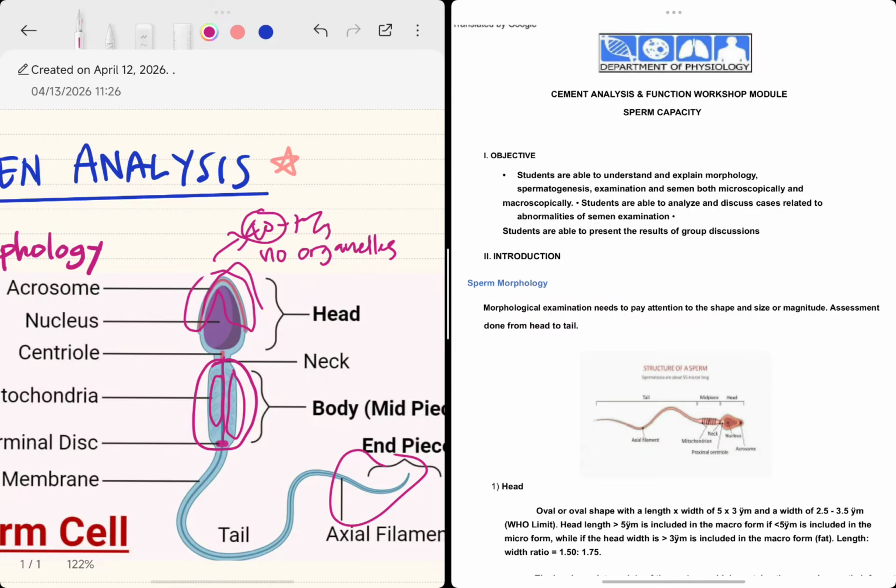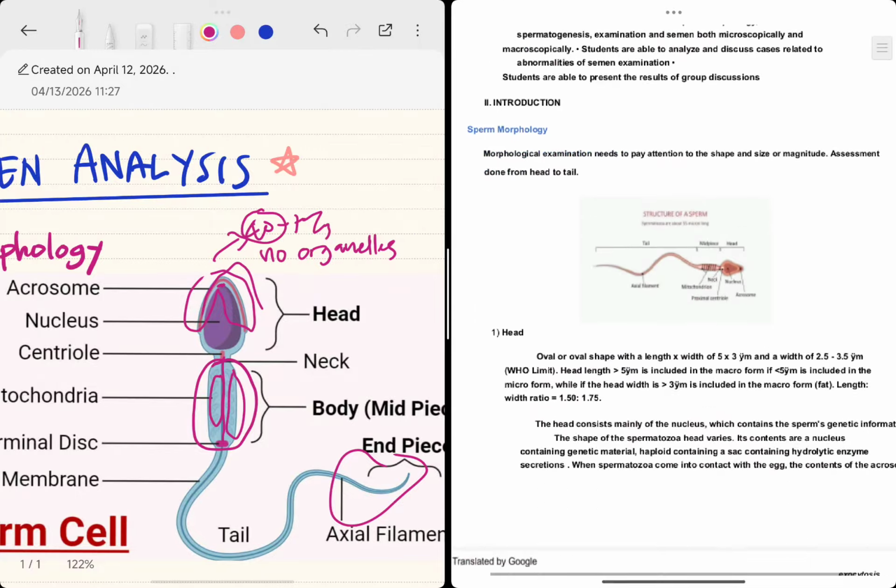And there is also the chromatin condensation, which is usually behind the acrosome, around here. It is usually darker and homogeneous, and the abnormalities that happen because of the chromatin are clumps of chromatin or scattered chromosome threads.